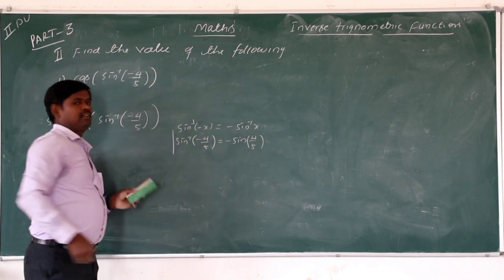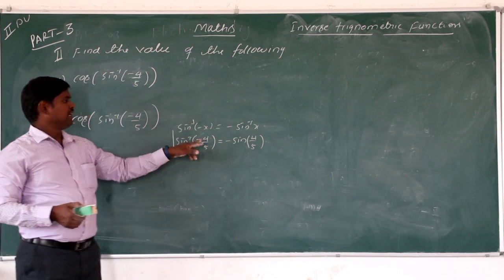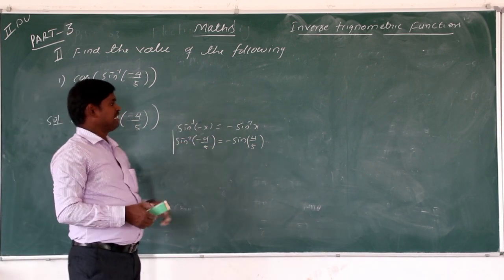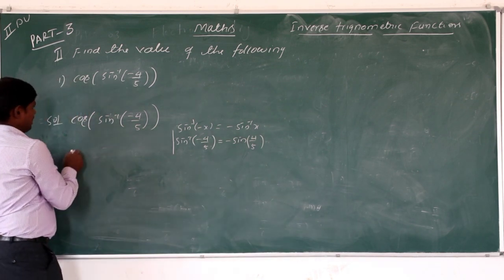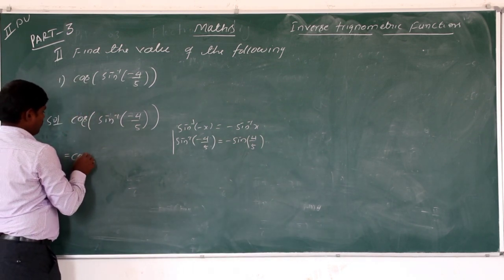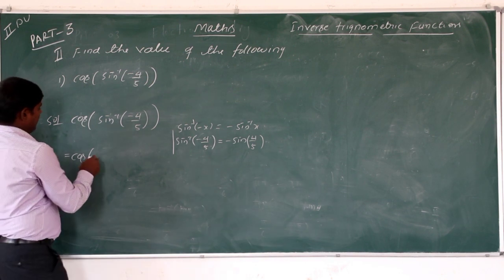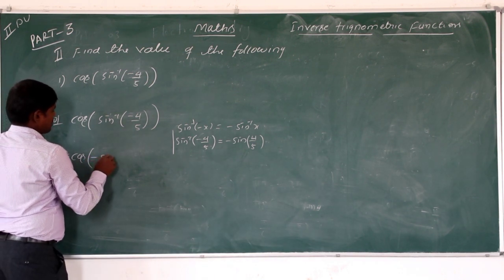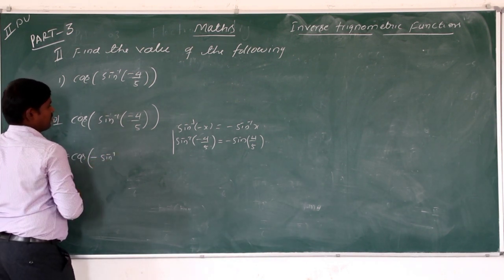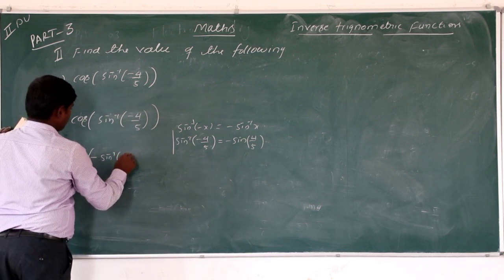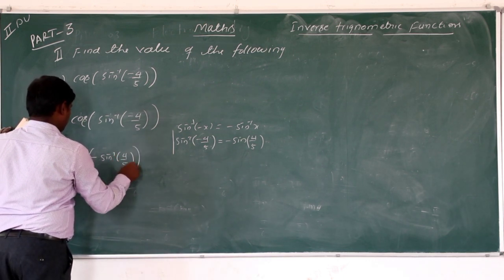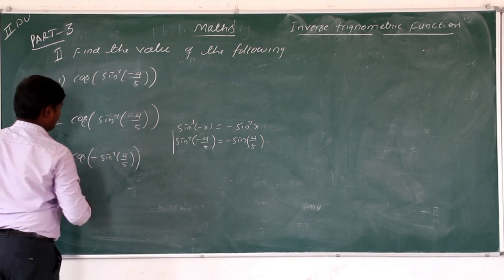So by this property, sin inverse of minus 4 by 5 can be written as minus sin inverse of 4 by 5. So that is equal to cos of minus sin inverse of 4 by 5.